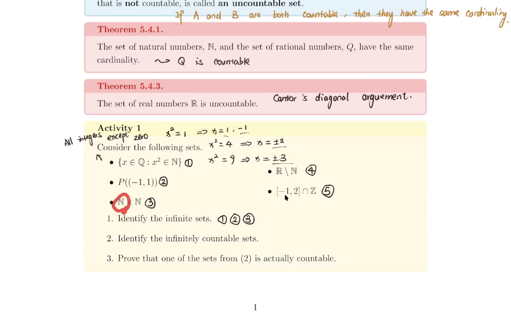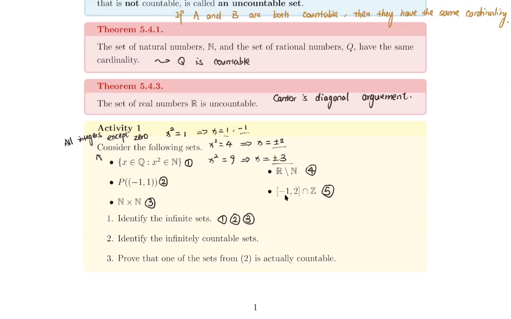So an infinite set Cartesian product another infinite set will give you an infinite set as well. Because Cartesian product is like you take an element from one set and take an element from the other set, so it's like pairs of numbers from natural numbers. So that's going to be infinite pairs of numbers as well.